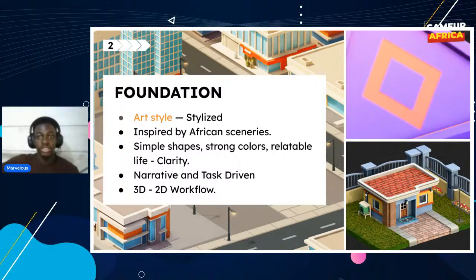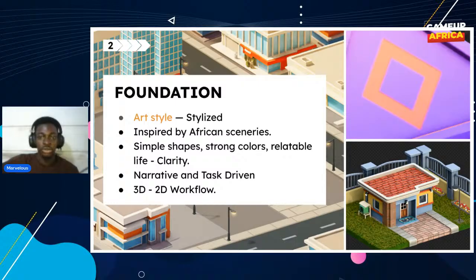So basically for anything art related, you need to have a style. The style we chose for Safari City is something simple and stylized. So we focus on shapes and colors that are easy to read and that feel welcoming enough.